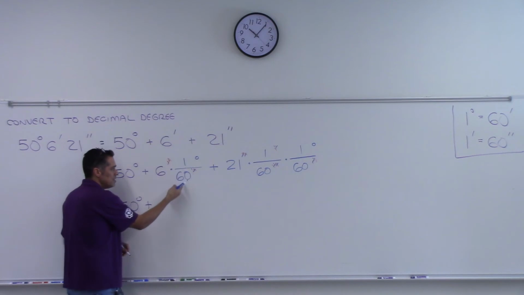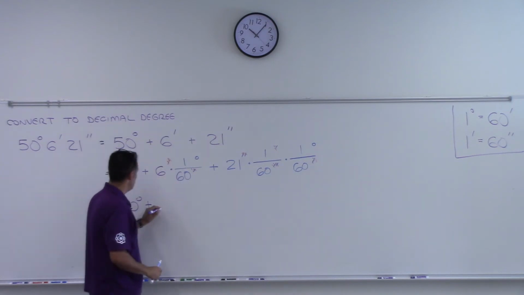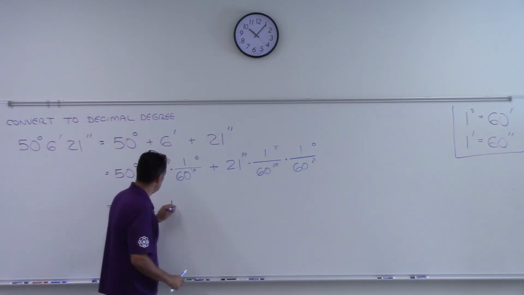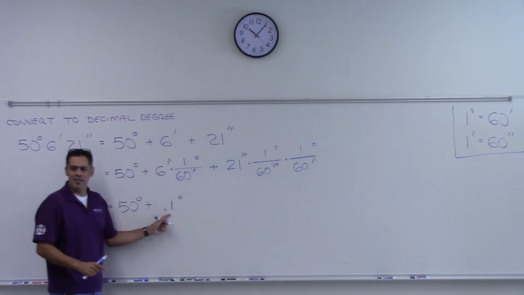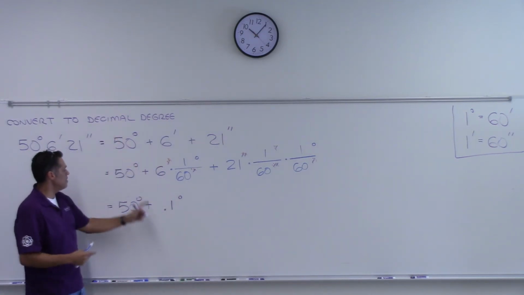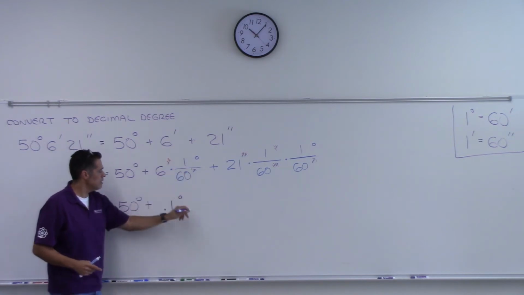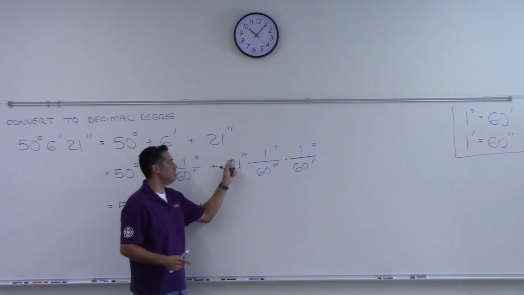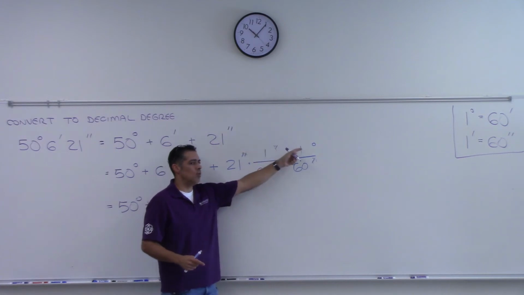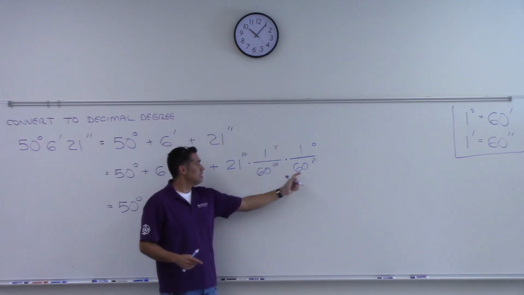So 6 over 60 is 0.1 degrees. It's 1/10, but I'm going to do this as a decimal, right? So I'm going to just go 0.1, that's 6 divided by 60, degrees. Plus here, I'm going to do 21 times 1 times 1, so 21 over 60 times 60.